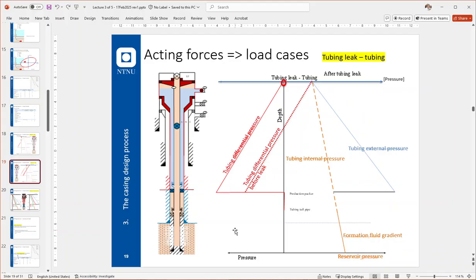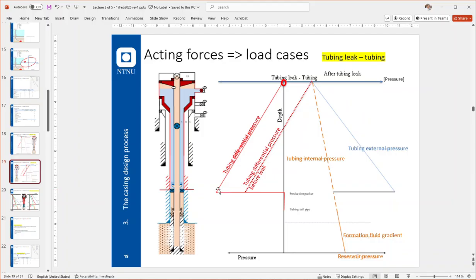We see now that the collapse force has increased a lot. So this is in a way giving the limit of the collapse force of the tubing. Not necessarily the highest collapse force that it will see through its lifetime, that needs to be simulated. But in many cases, it is.